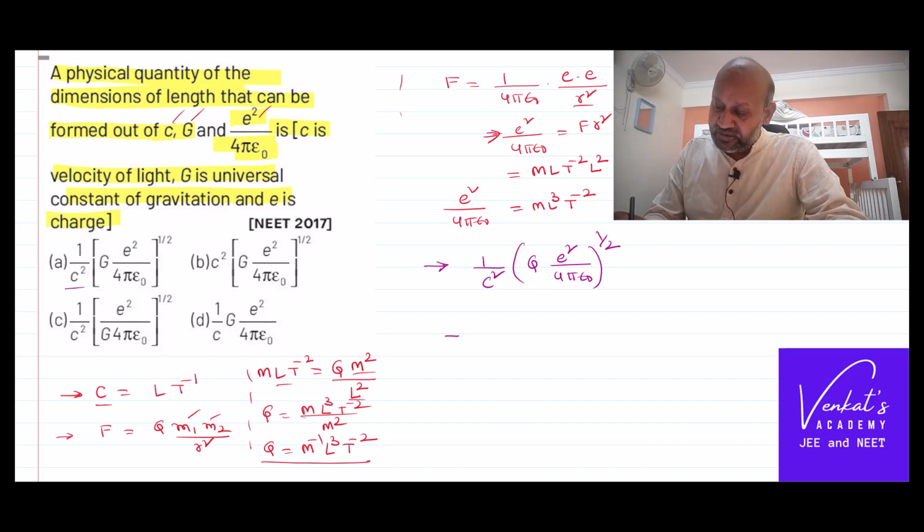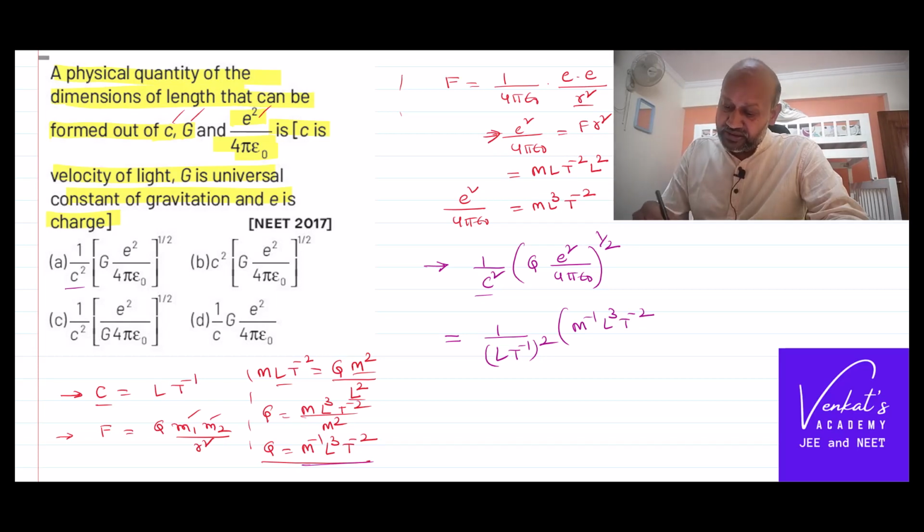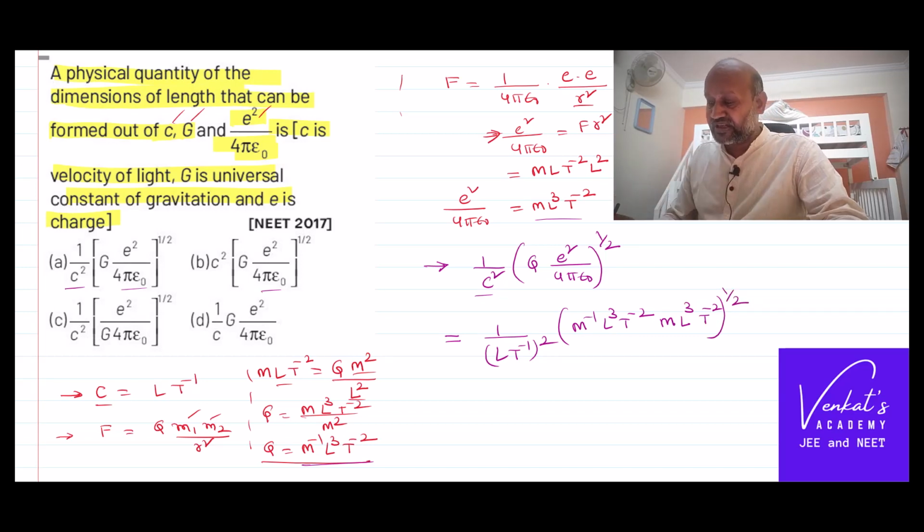Equal to 1 by c, which is velocity, L t power minus 1, whole square. G we have already identified as M power minus 1 L cube t power minus 2, and e square by 4 pi epsilon naught has the dimensions of M L cube, t power minus 2, whole power of half, do not forget that, right.